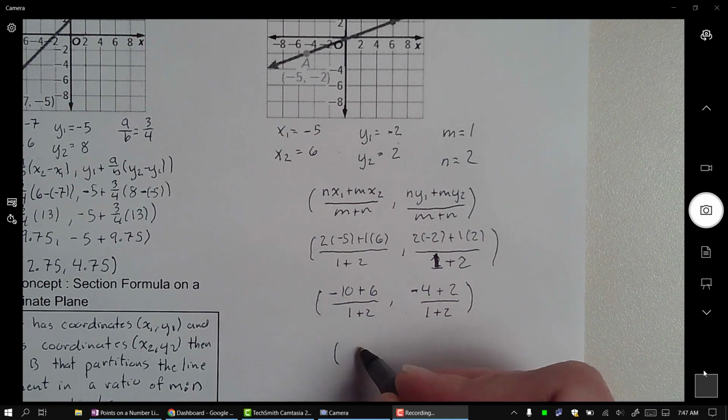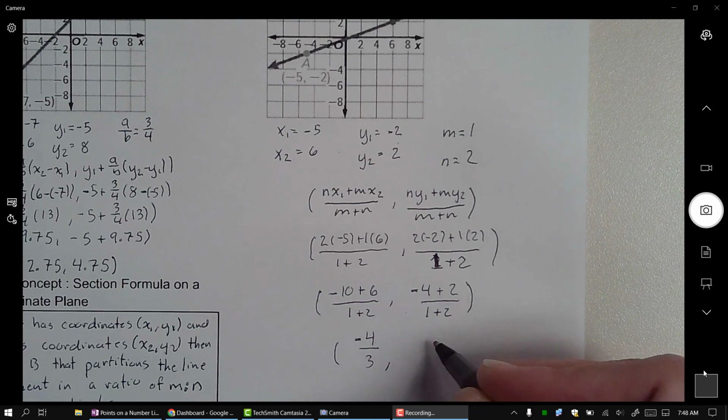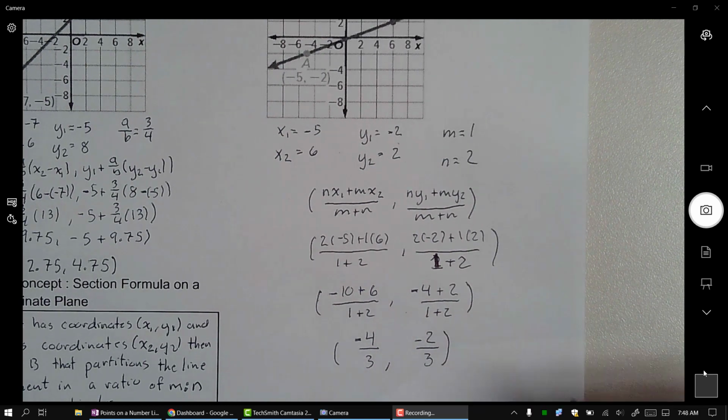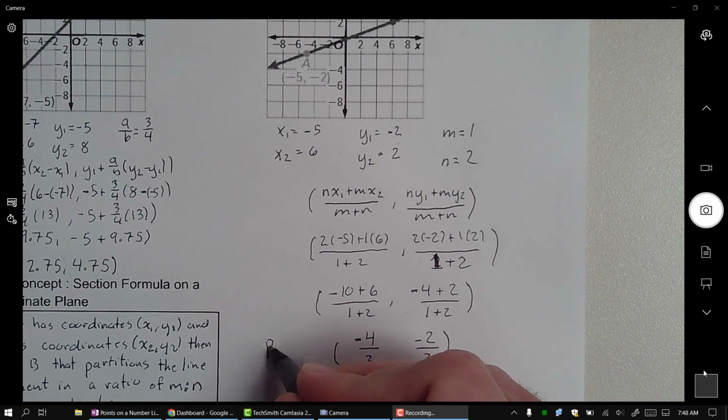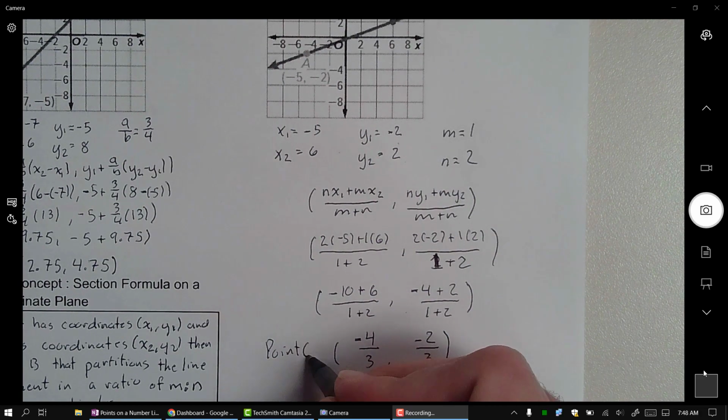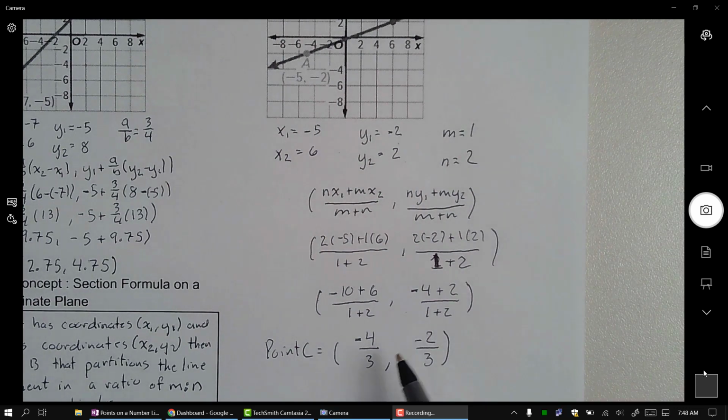Negative 10 plus 6 is negative 4. 1 plus 2 is 3. Negative 4 plus 2 is negative 2. 1 plus 2 is 3. So point C can be found at negative 4/3 and negative 2/3.